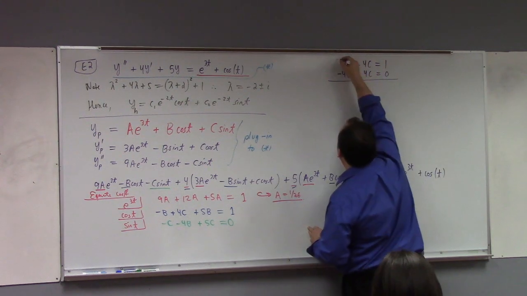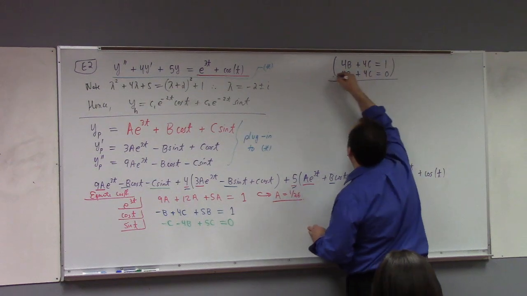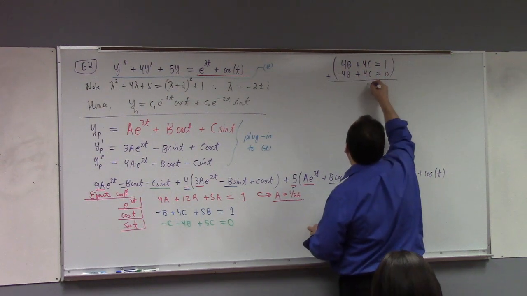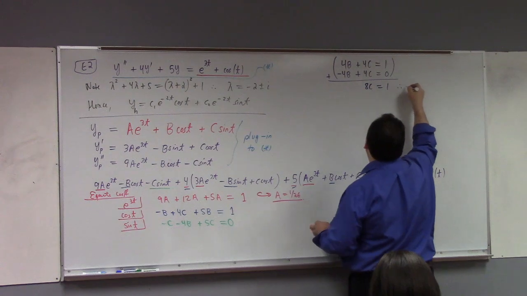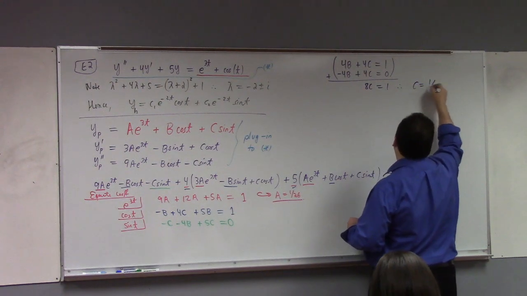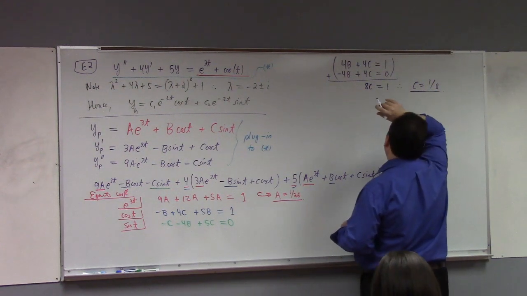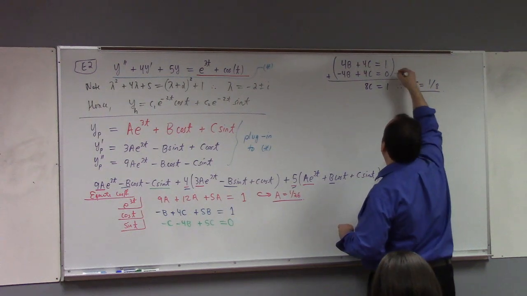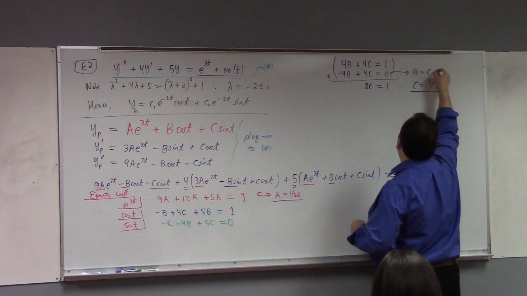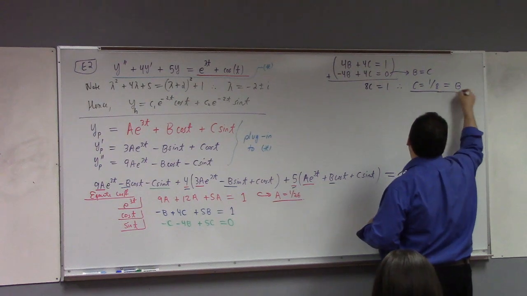I see those equations, they just yell at me, add the equations. If I do that, I get 8c equals 1. Therefore, c is 1/8. And if I know c is 1/8, then this equation right here says b equals c, right? So that's b.